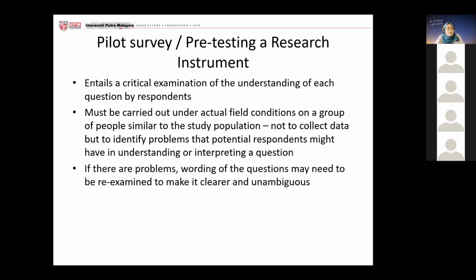The closest or simplest example: if your targeted population is students in KPZ, you can actually use your classmates as your pilot study, because they are students with similar conditions to the study population.